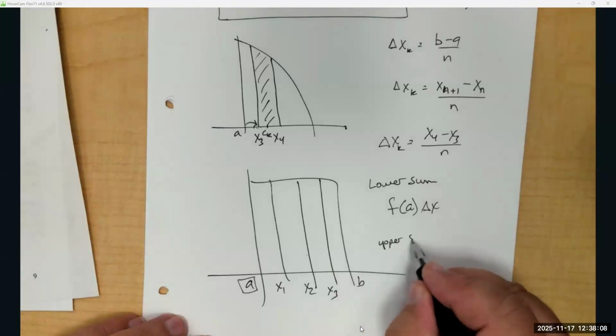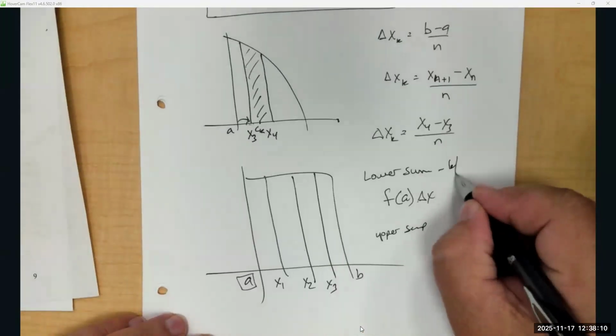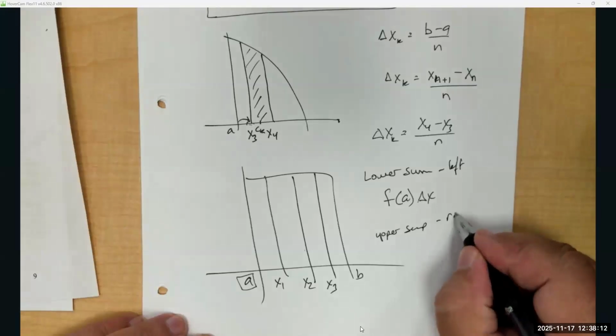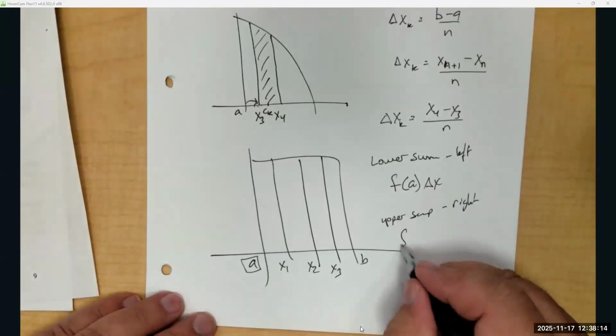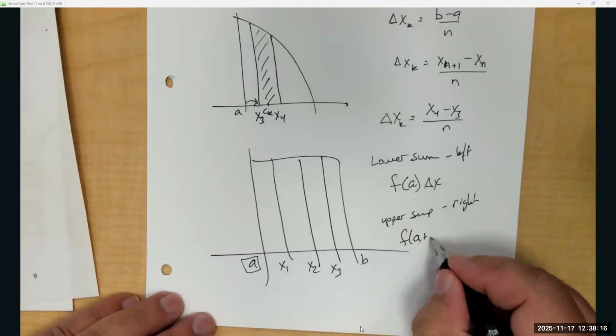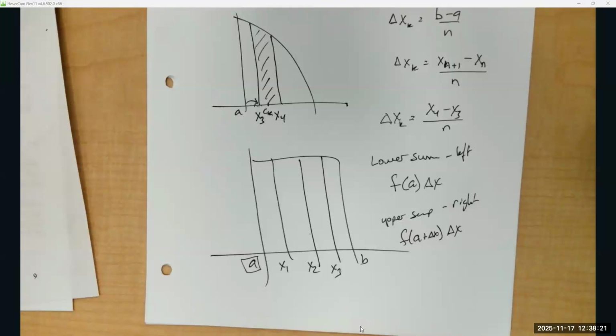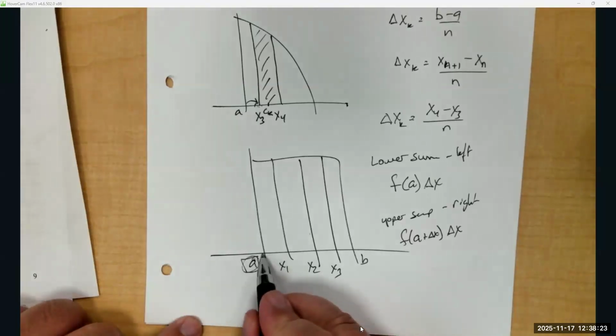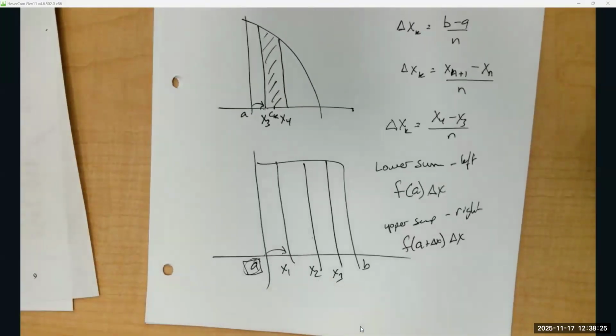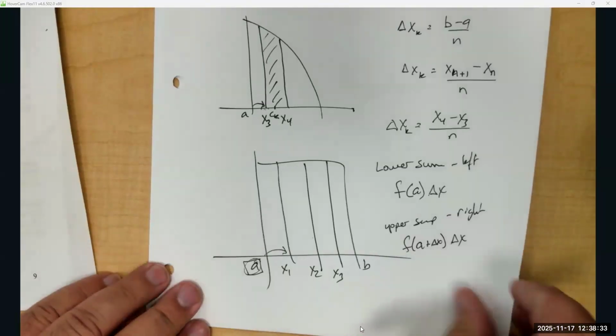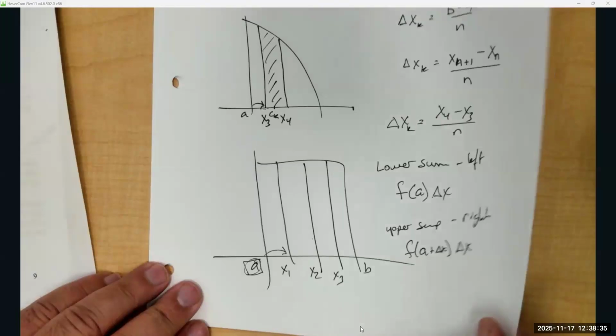Upper sum, this is left side, it would go from a plus my delta x, because I don't want to start off here, I want to start off there with the right-hand side.